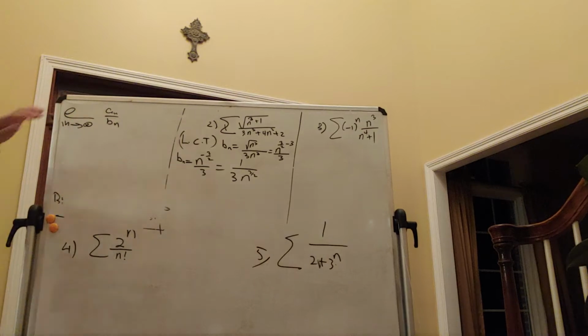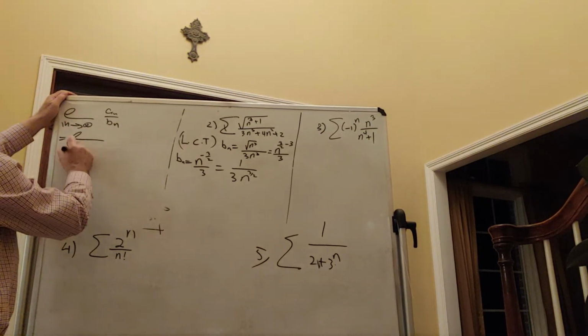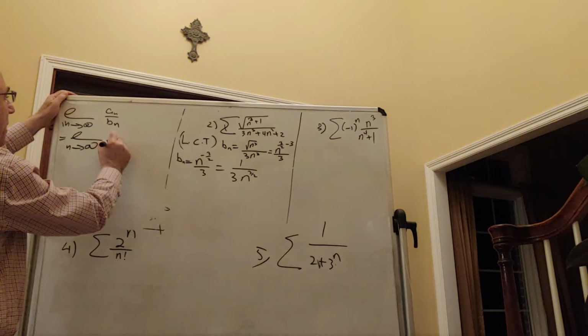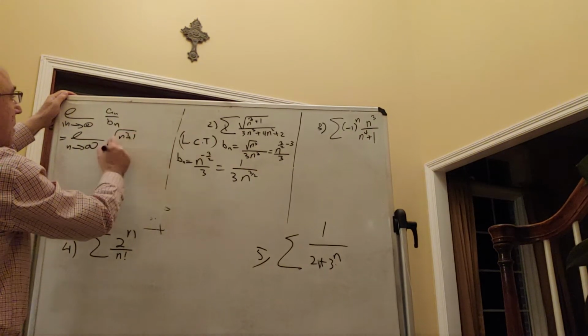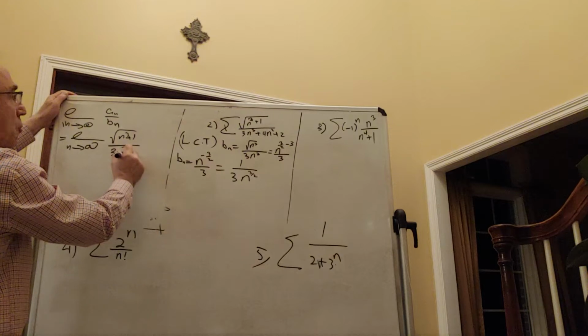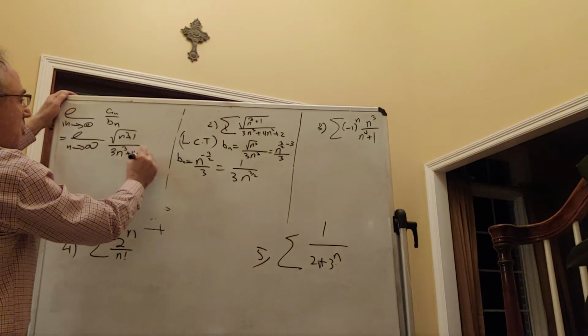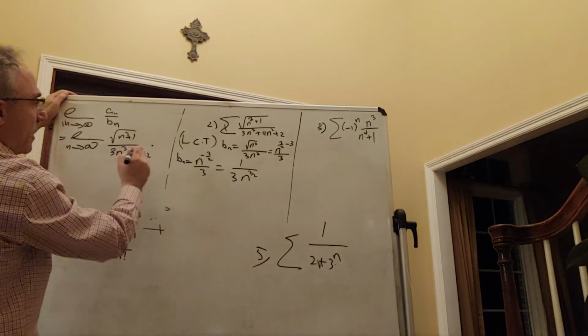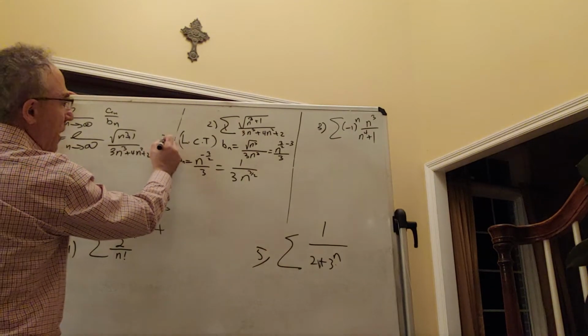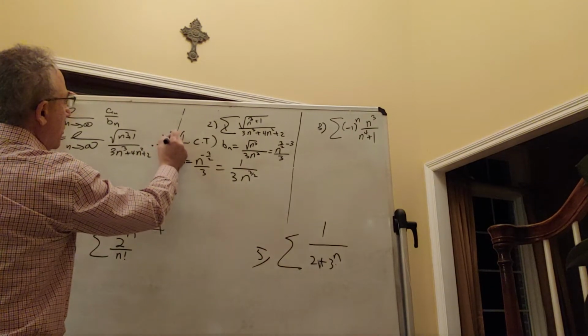All right, so let's take a look at the limit as n goes to infinity of an over bn. So this is the limit as n goes to infinity of the expression with 3n cubed plus 4n squared plus 2 over 3n to the 3.5.